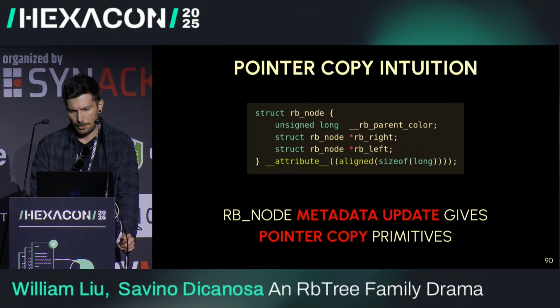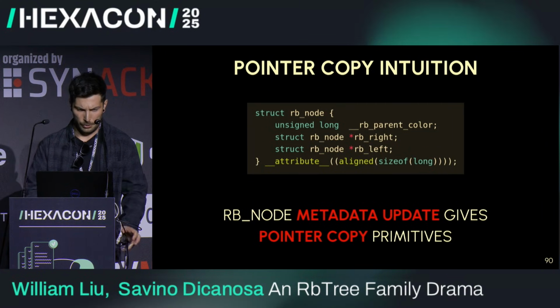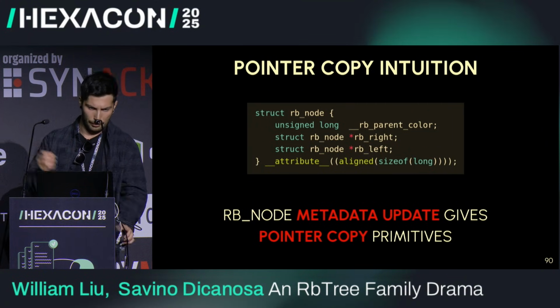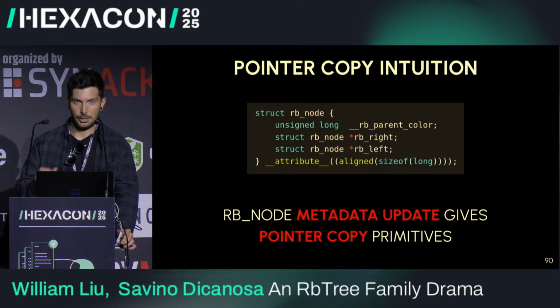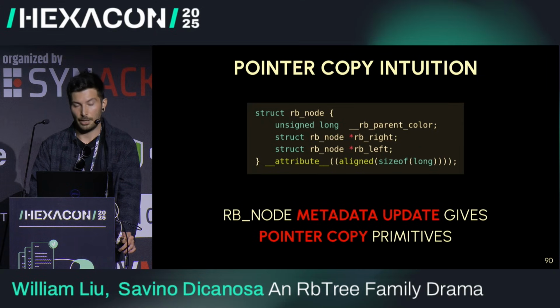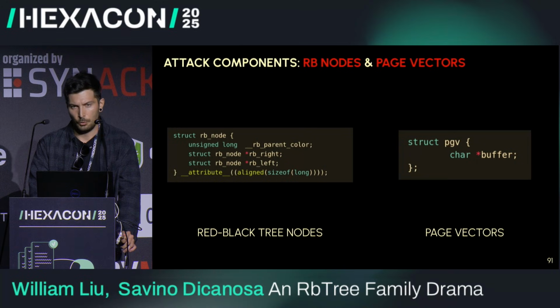And this is very interesting, because if you look at the Linux implementation, the kernel uses this structure here, RbNode, to represent a node in the tree. Of course, the tree is just a bunch of these nodes linked together. And if we take control over this node, we can actually trigger transformation and achieve multiple interesting primitives, including a pointer copy primitive.